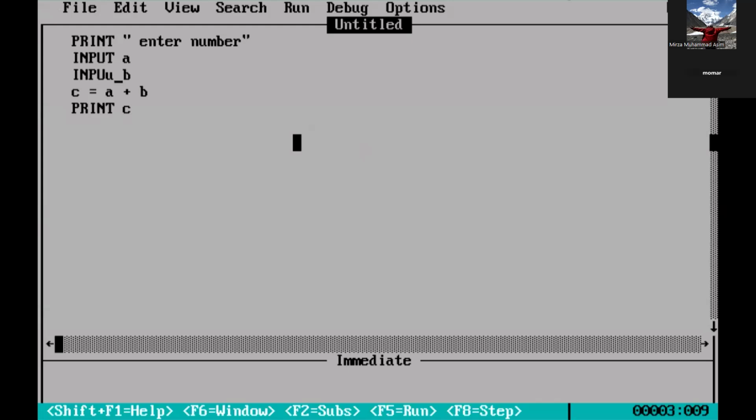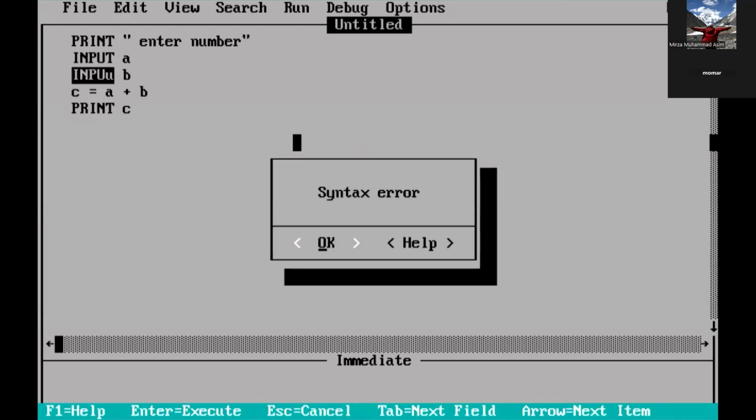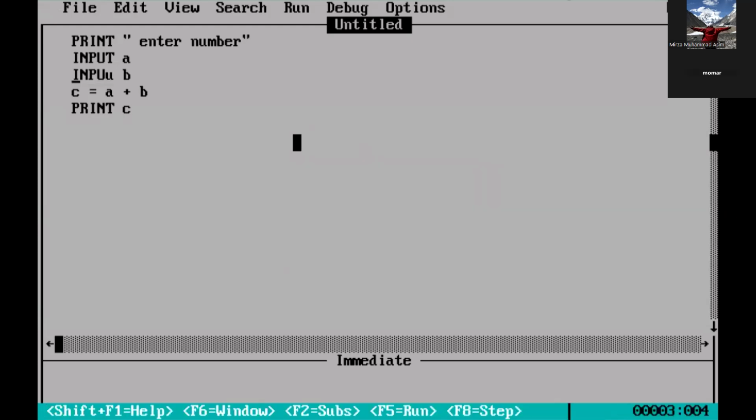Let's see what happens. The first two commands, print enter number and input A, are correct. The interpreter interprets them successfully, but it halts here, waiting for the correction. Until you fix these errors, you cannot proceed.